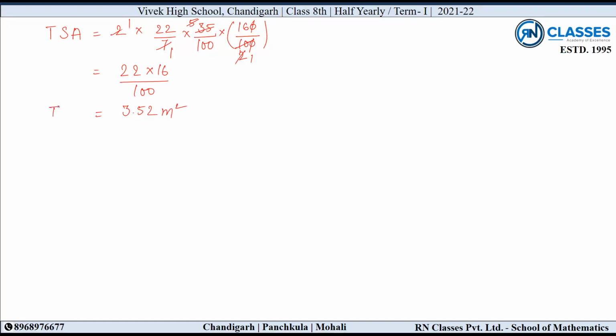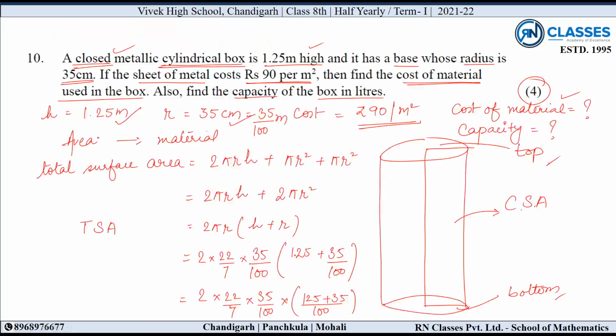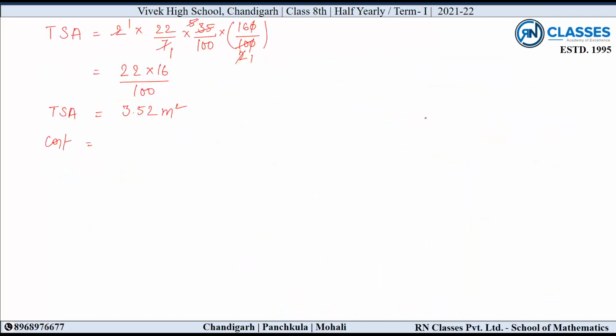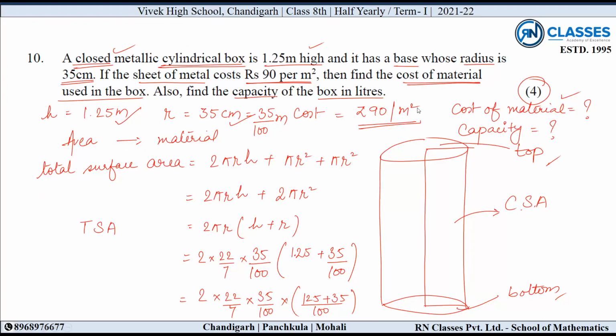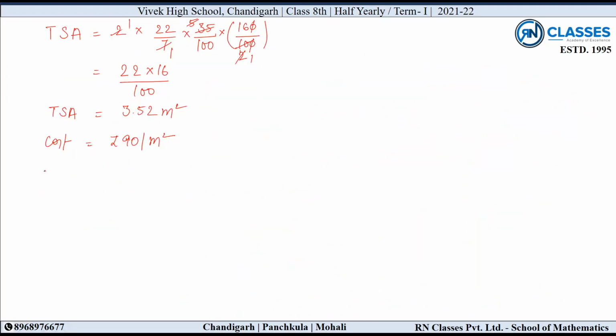This is total surface area. मुझे कॉस्ट दी हुई है. How much is cost? Cost is 90 rupees per meter square. So अब मुझे निकालना क्या है? Cost of material.